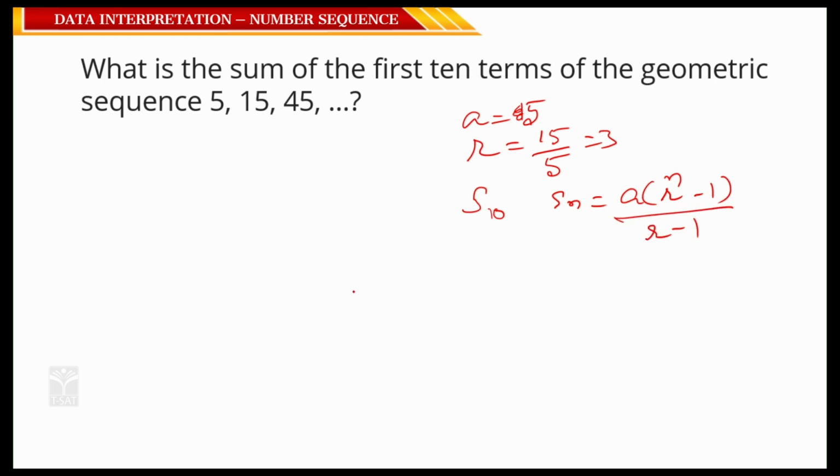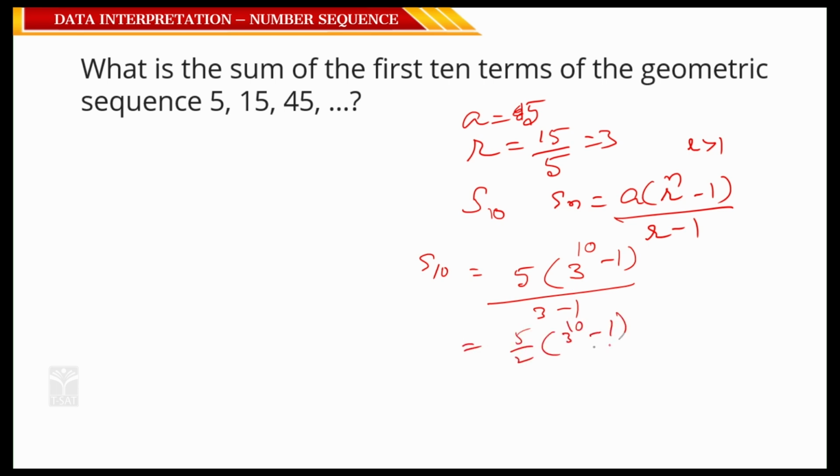Now, because R is greater than 1, correct? Okay. So S10, A is 5, R to the power of n, that is 3 to the power of 10, minus 1, by R minus 1, that is 3 minus 1, so 5 by 2 of 3 power 10 minus 1.